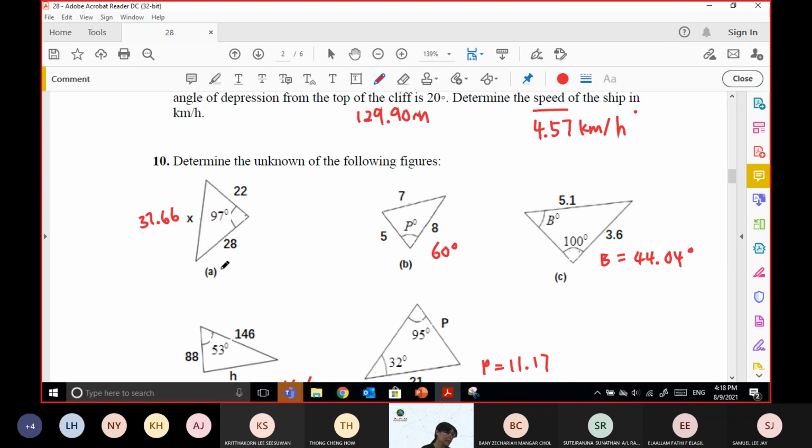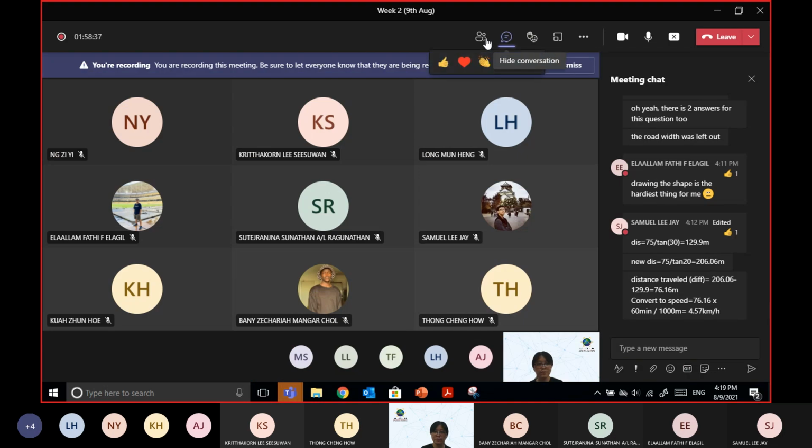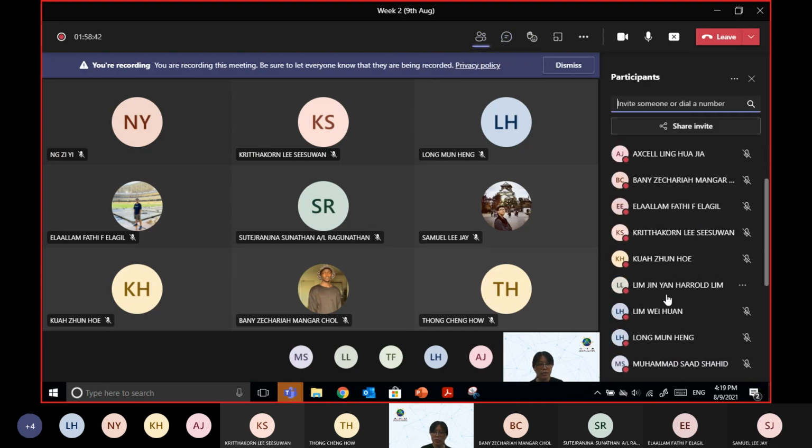For 10A and 10B, can I have two students to post their solution? Jing Yan, can you post for 10A? Wei Huan, 10B? Have you done? Can you reply me in the chat box?